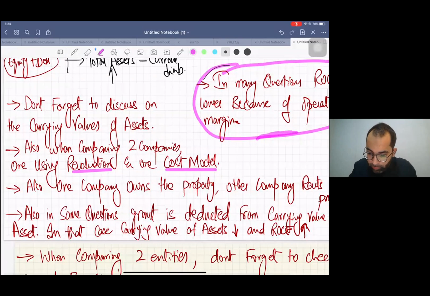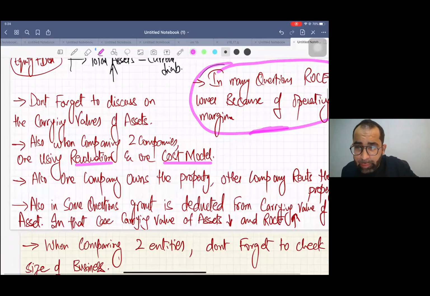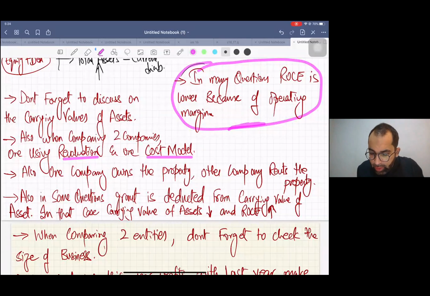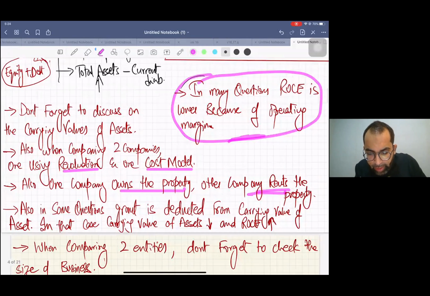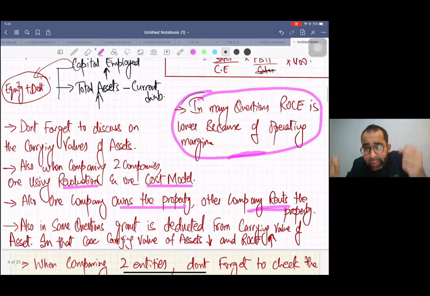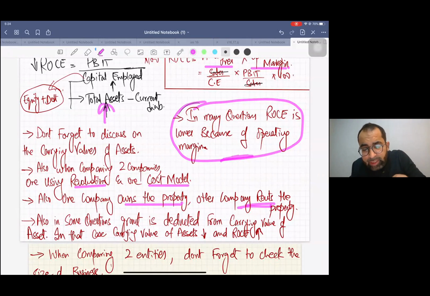Now also, this thing came in a past paper, I saw it. One company owns the property and the other company rents the property. Let us say there are two companies, company A and company B. Company A buys the property and owns it, so in company A's books the asset value will be higher because company A has bought the asset and recognized it in their own books. So their asset base will be higher, and accordingly their capital employed will also be higher.